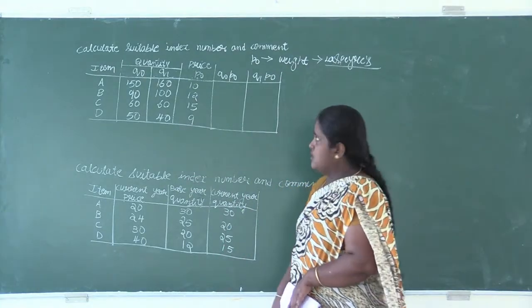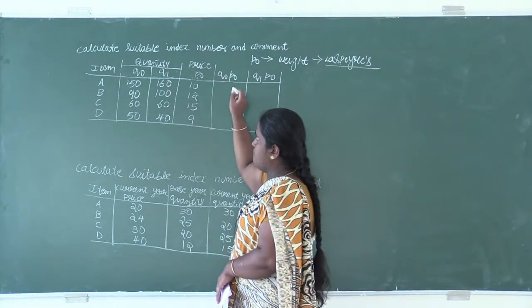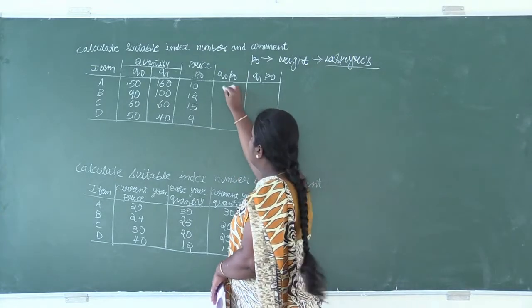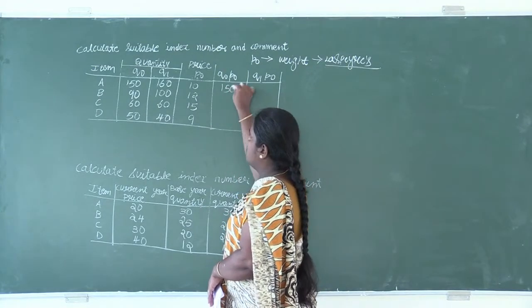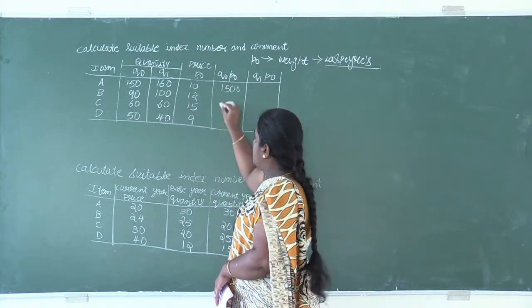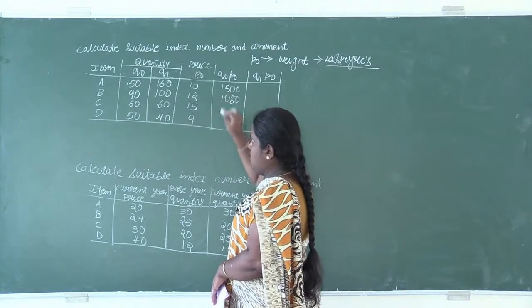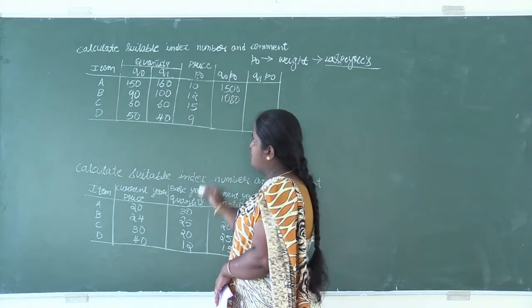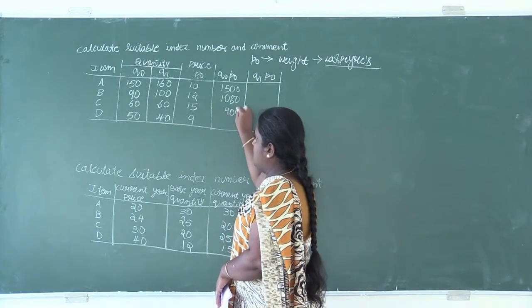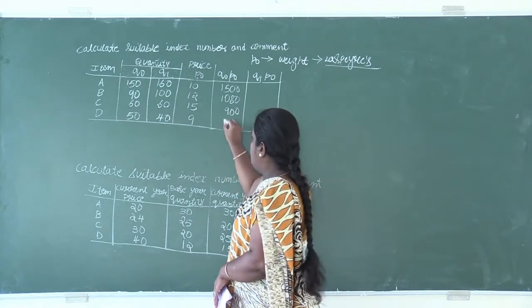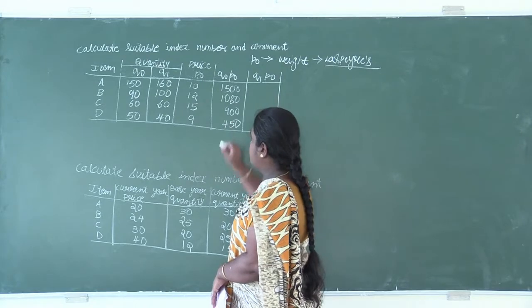So now multiply this Q0 P0, which is 150 into 10, 1500, 90 into 12, 1080, 60 into 15, 900, 50 into 9, 450.